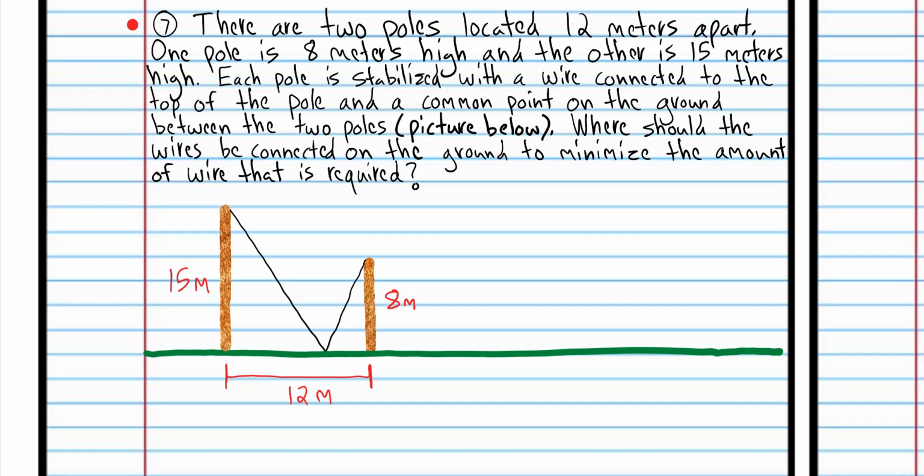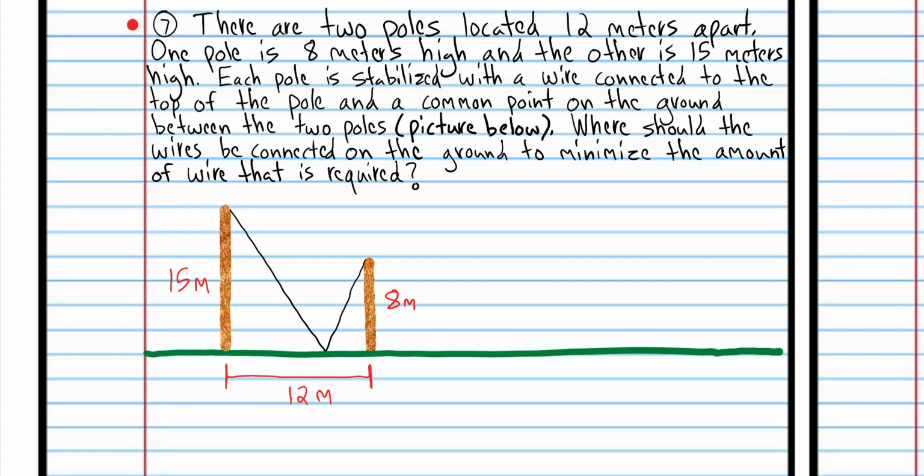So let's read. It says there are two poles located 12 meters apart. One pole is 8 meters high and the other is 15 meters high. Each pole is stabilized with a wire connected to the top of the pole and a common point on the ground between the two poles. And we have a picture written for us.